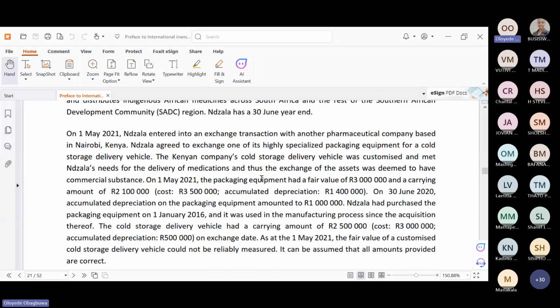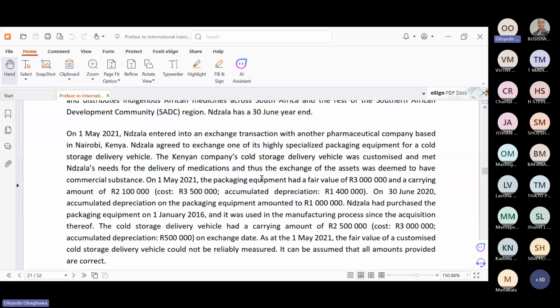Now, on 30th June 2020, accumulated depreciation on the packaging equipment amounted to 1 million. Inzala had purchased the packaging equipment on 1st January 2016, and it was used in the manufacturing process since the acquisition thereof. The cold storage delivery vehicle had a carrying amount of 2.5 million, cost minus accumulated depreciation of 500,000 on the exchange date.